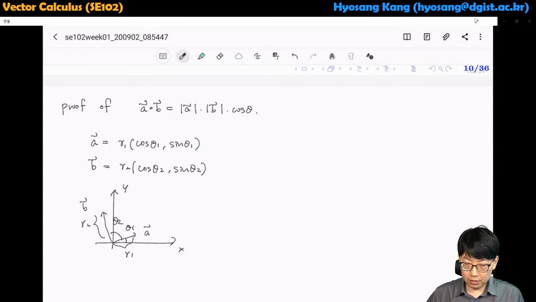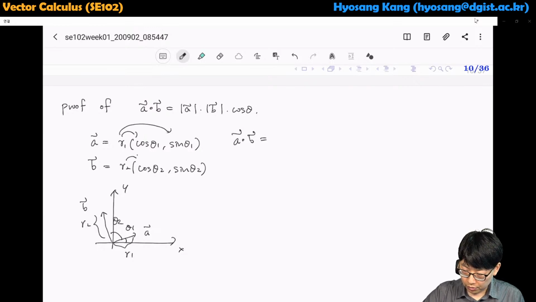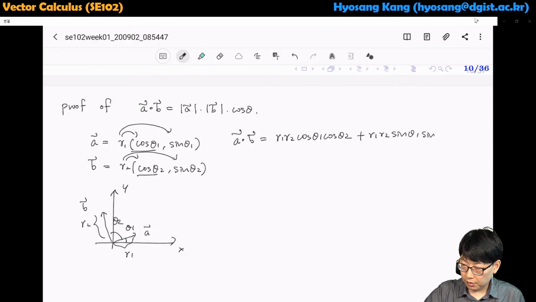Let's take the inner product. A inner product B equals, so I can distribute r1 and r2 inside of these coordinate functions. I take the first coordinates of A and B so that I get r1 r2 cosine theta 1 cosine theta 2, and the second coordinates r1 r2 sine theta 1 sine theta 2.